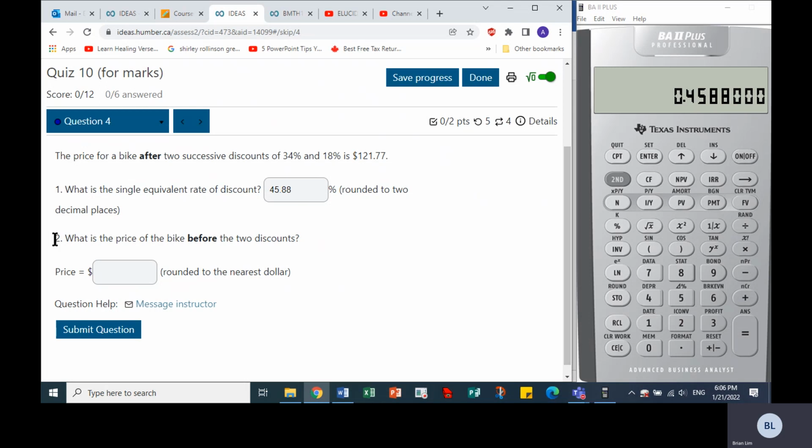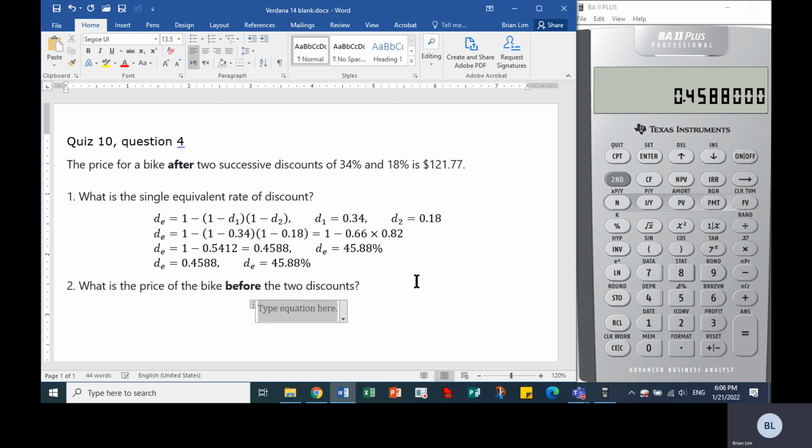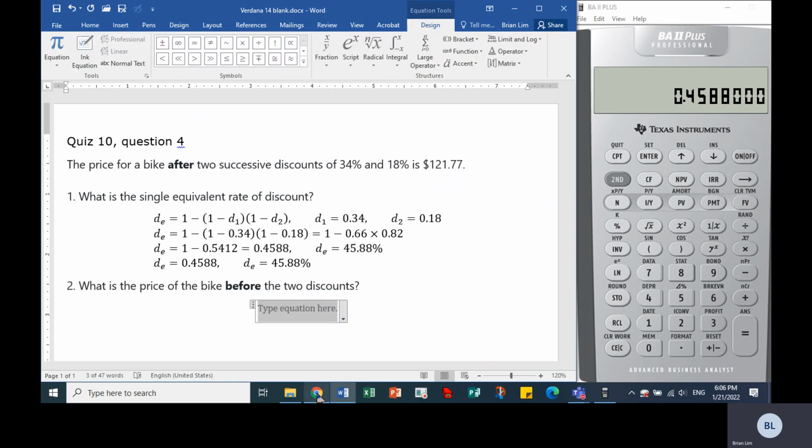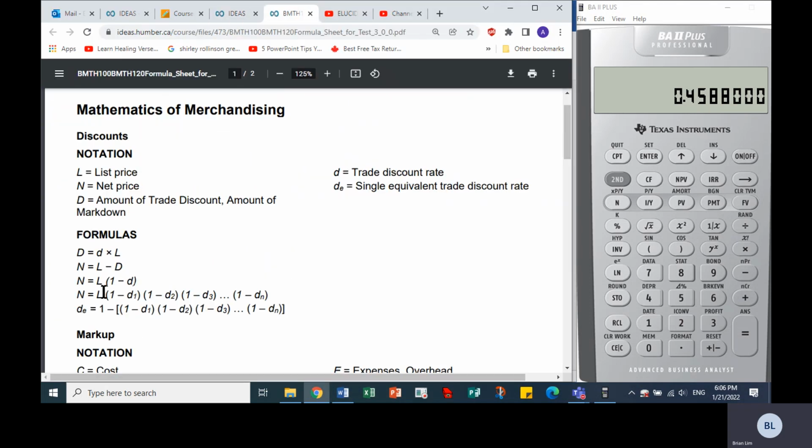All right, so what is the price of the bike before the 2 discounts? Okay, so let's paste that into the Word document. So we want it before the 2 discounts, and here we go. What would give us that? Well, we can go to the formula sheet, and here we are, before the discount.